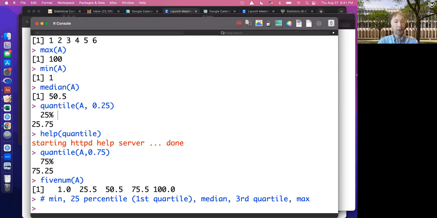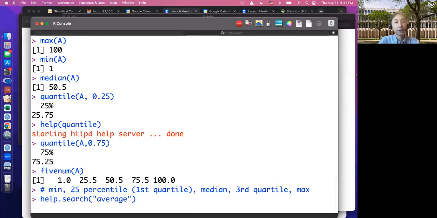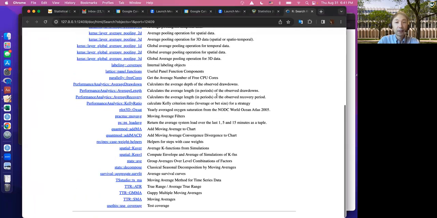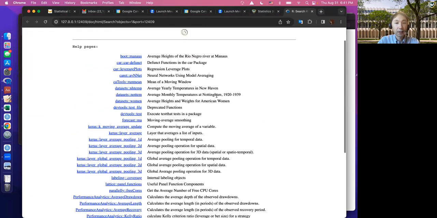Another way to search R help is the help.search function. Then you can put in a keyword, like how to calculate average, and it returns something. I think it doesn't help much.